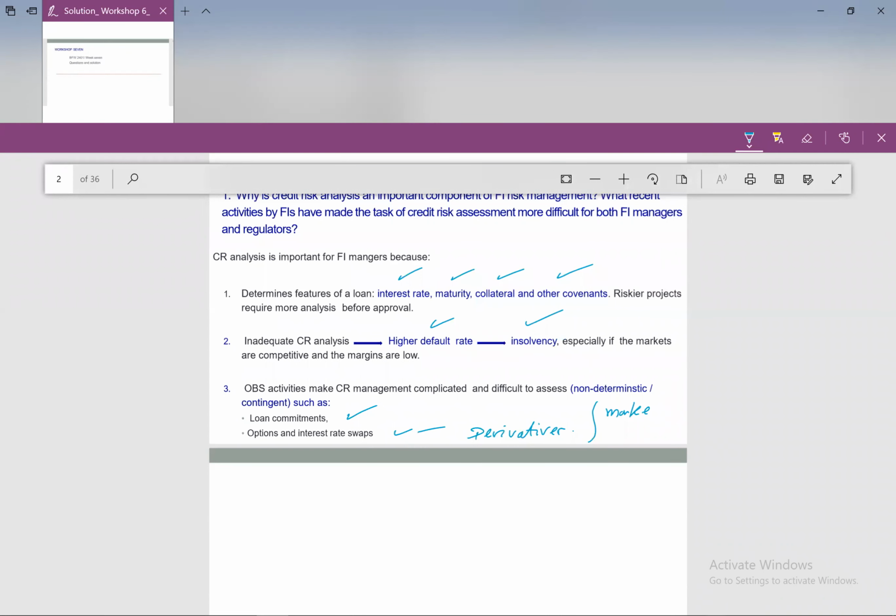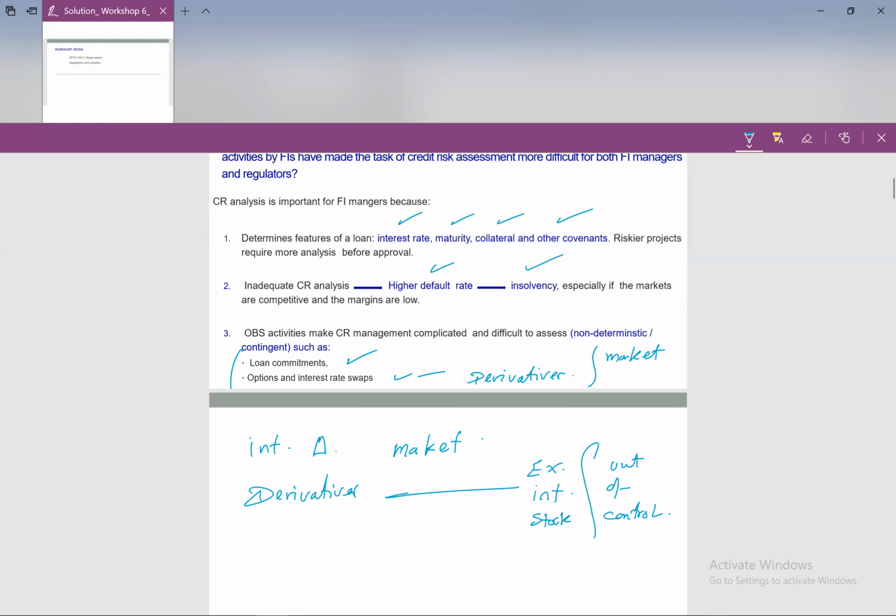Interest rate changes can come from the market, and derivatives will change because of either exchange rate, interest rate, or stock market volatility. All of this is out of control. Now, if it is out of control, I cannot model it. So this is why I cannot calculate the credit risk, especially when I go into derivative contracts.